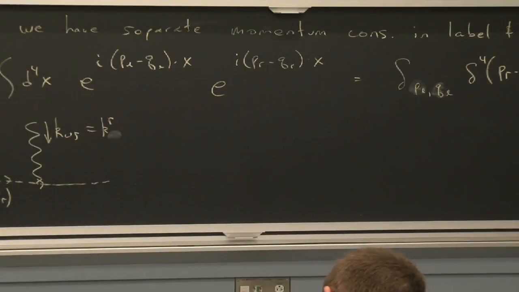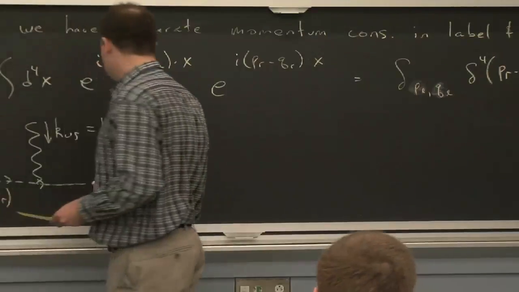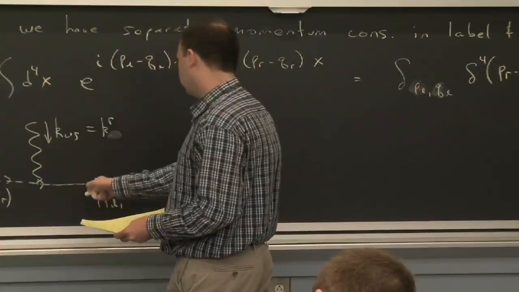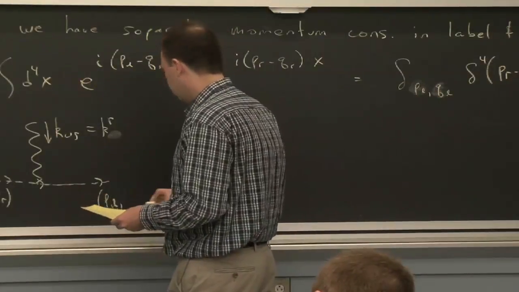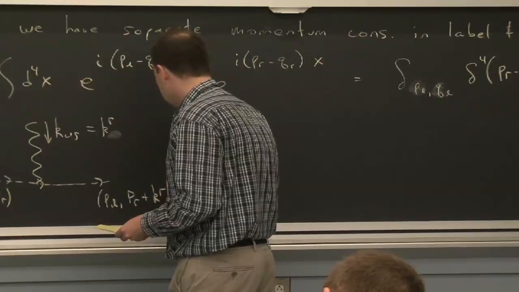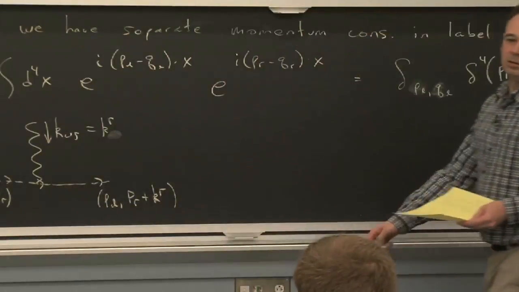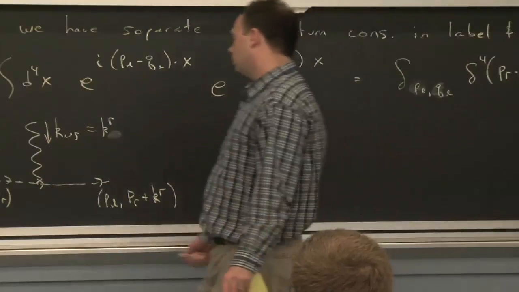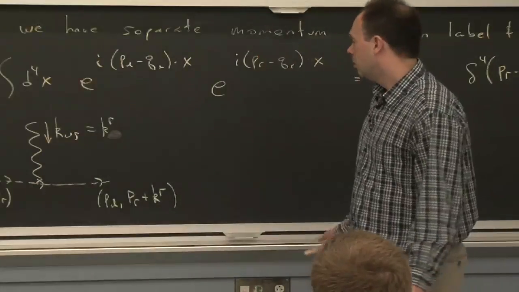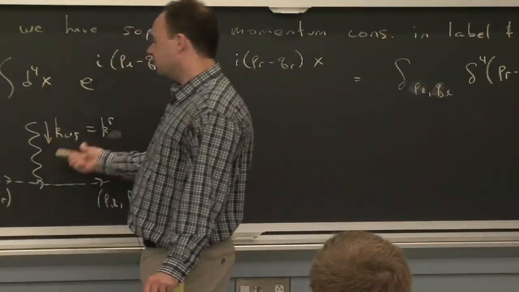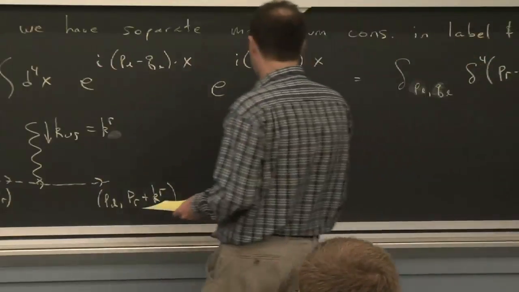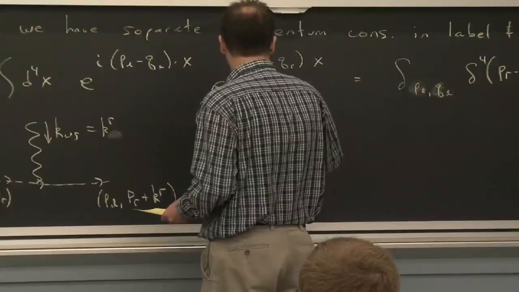There's no label to that ultrasoft particle. So the quark's momentum afterwards is P label for the large piece, because that is not affected by the ultrasoft particle, and then P residual plus K residual. So we have a conservation in the residual space, which is the standard one, and we have a conservation in the label space, but the ultrasoft particles just don't contribute to that. So we have two conservation laws.